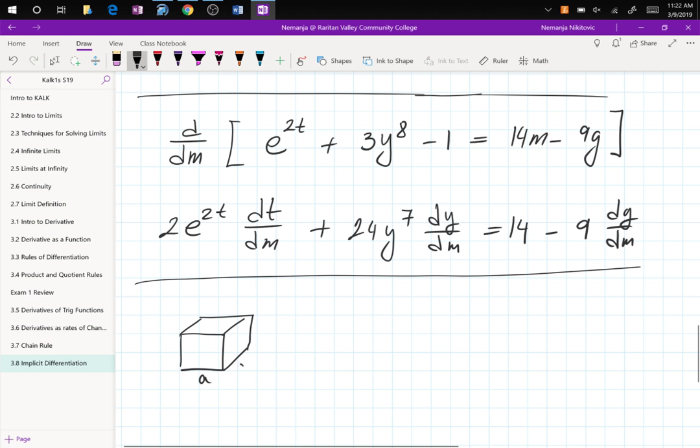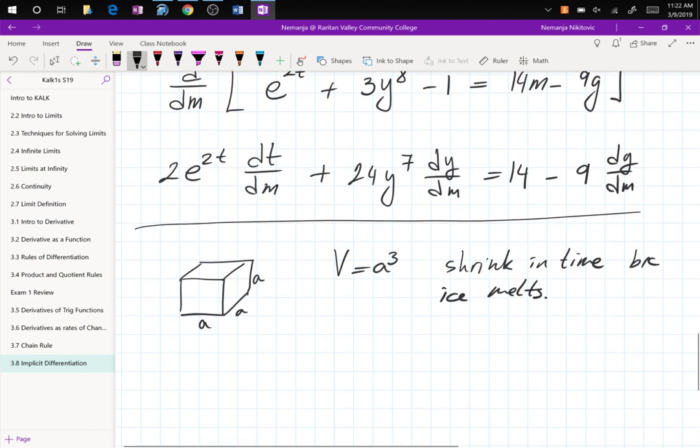Cube of ice with sides a, right, has a volume of a cubed. And that volume is going to shrink in time because ice melts. What's the formula?